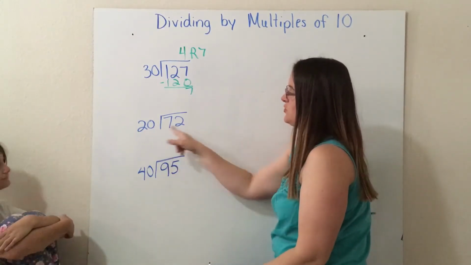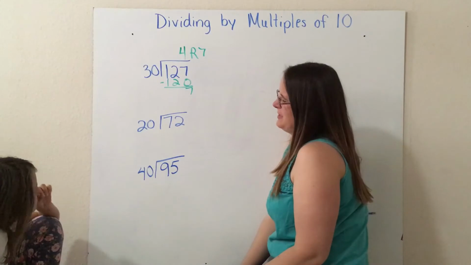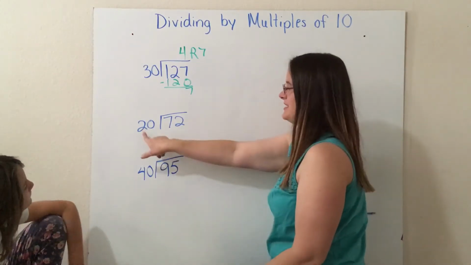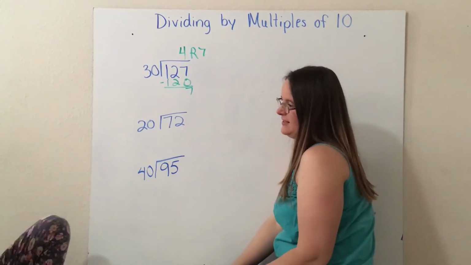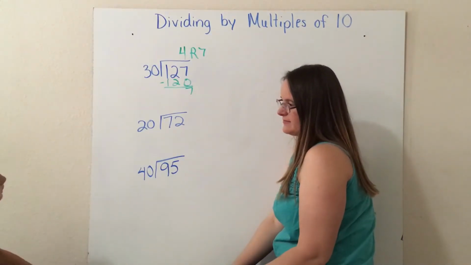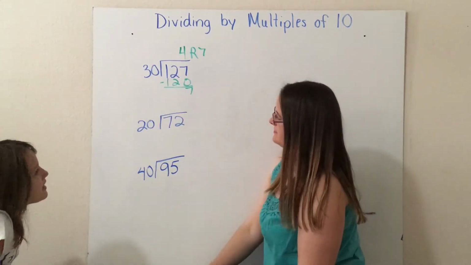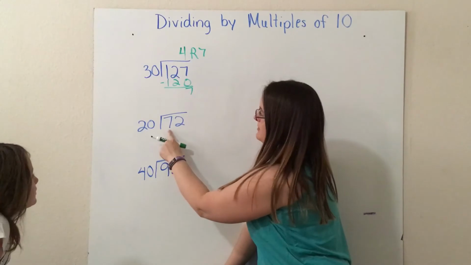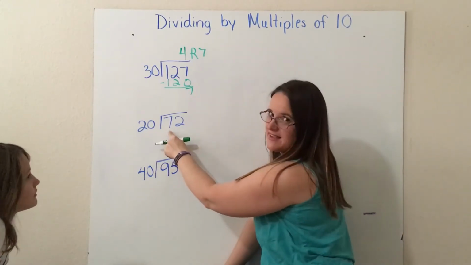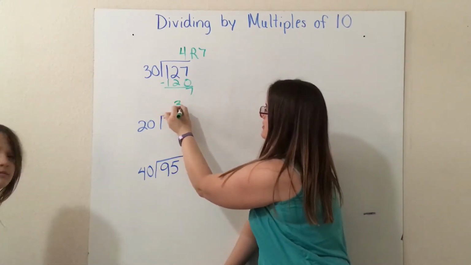How many times does 20 go into 72? Oh, I don't really want to count by 20s. So how many times does 2 go into 7? 2 goes into 7 exactly 3 times. But does 20 go into 7 3 times? No. So I have to move my 3 over here.